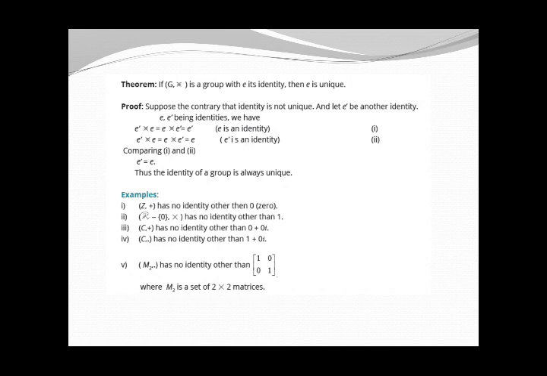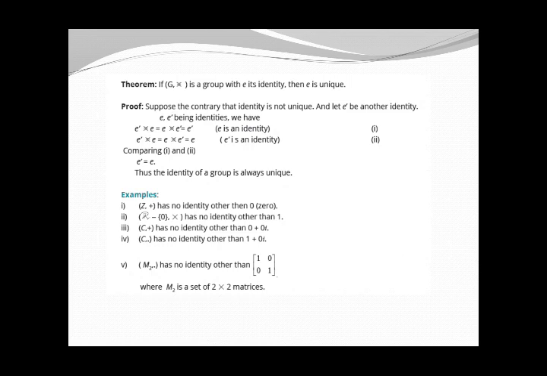Some examples for this: integers with respect to addition have identity 0. Real numbers minus 0 means the set of real numbers except 0; we eliminate 0 from the reals. With respect to multiplication, its identity is 1. C plus means complex numbers.